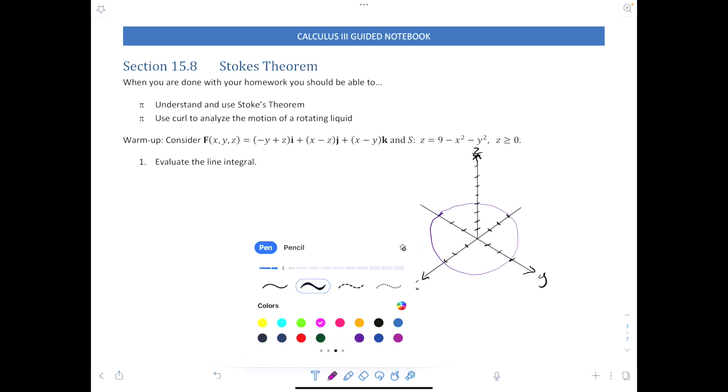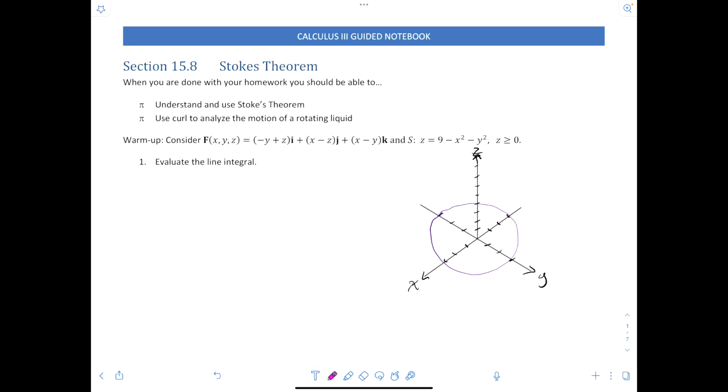So our surface would look something along these lines. Of course, I'm not making the prettiest surface, but you get the idea. Okay, that's why I teach math. I'm not an artist.